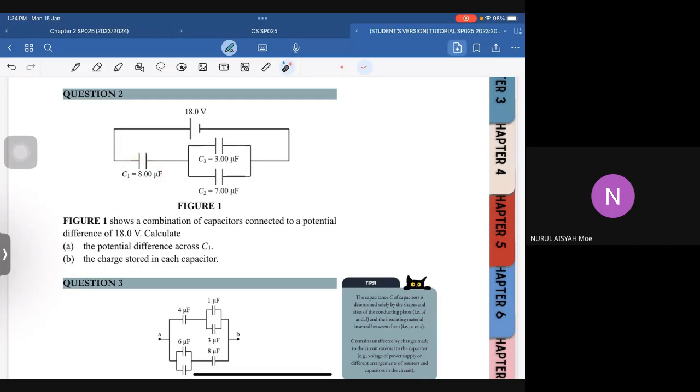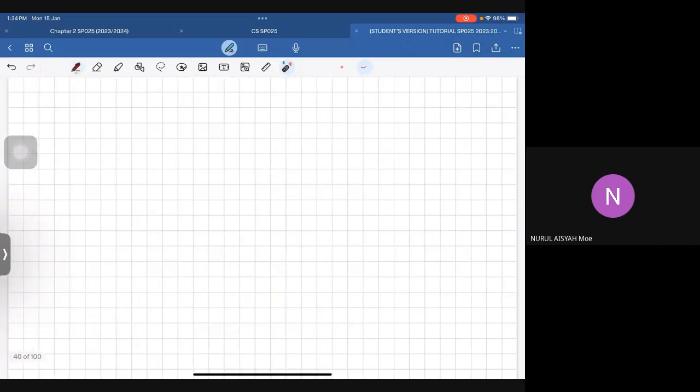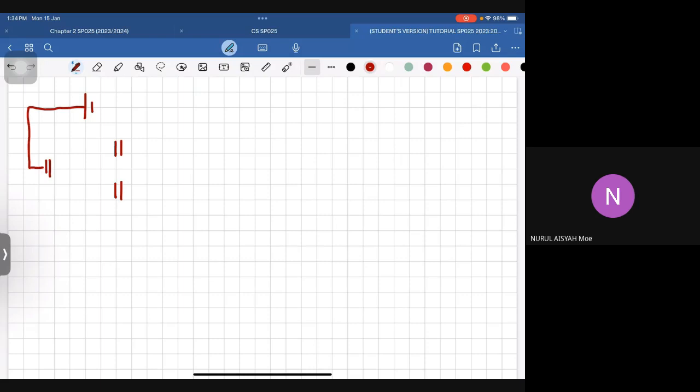But first, how do we solve this? We are going to simplify the circuit first. So we have a battery here, and then we have one capacitor and another 2 capacitors here. So that is the circuit. This is V, 18 volt.